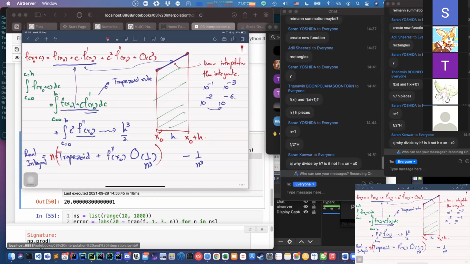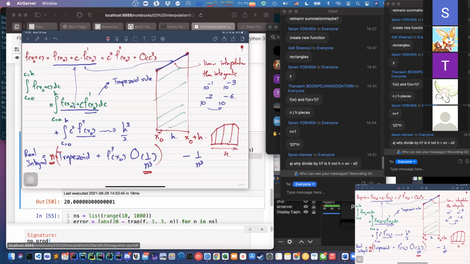But for the real integral, we add up a whole bunch of trapezoids. We are not just doing one piece, but n pieces. So when we do that, the sad thing is your 1 over n cubed gets multiplied by n.